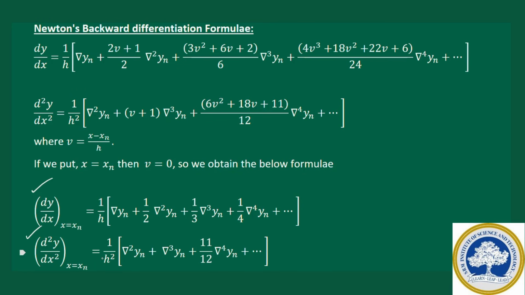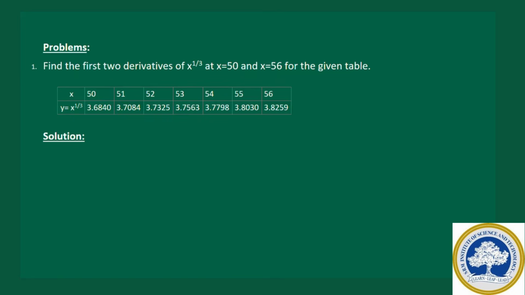So when the question asks for the first and second order derivative at x equal to xn, we can directly use these two formulas. If they ask at some other value of x, then we can go for the general formula in terms of v. Similarly for forward also.